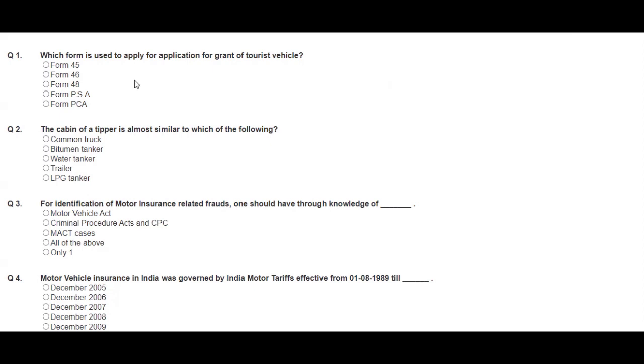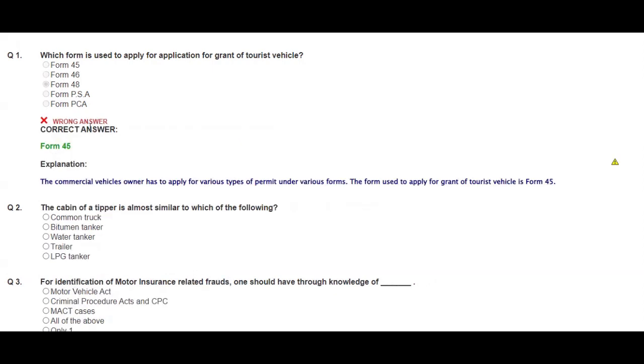Which form is used to apply for application for grant of tourist vehicles? I think that is form 48. If you choose any wrong answer, they will reflect it with an explanation in the long term coaching. The actual right answer is form 45.